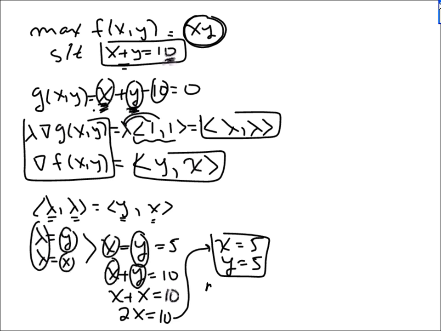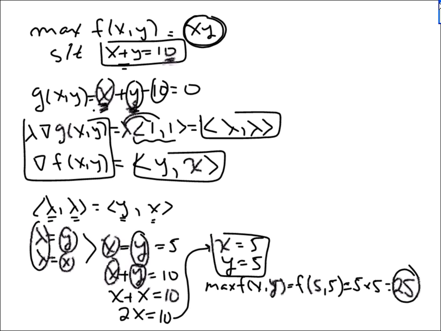And the max of f of x, y is f of 5, 5, which is the x value times the y value, that is 5 times 5, or 25. The 25 is the max value of f, and it happens when x is 5 and y is 5. But we already knew that using Calc 1.